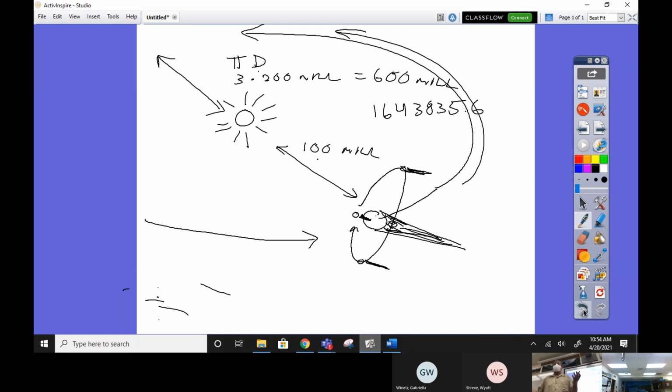But we think of how fast we go in miles per hour. So if I divide that by 24, equals 68,000. We're just going to round this off to 68,500. That's our speed. We are flying through space right now at 68,500 miles per hour.